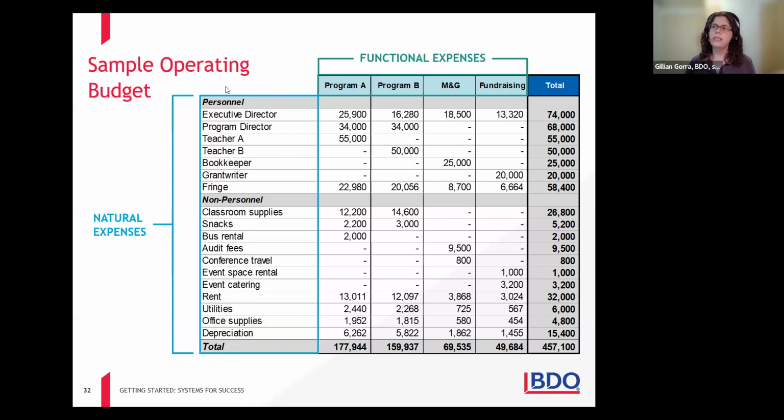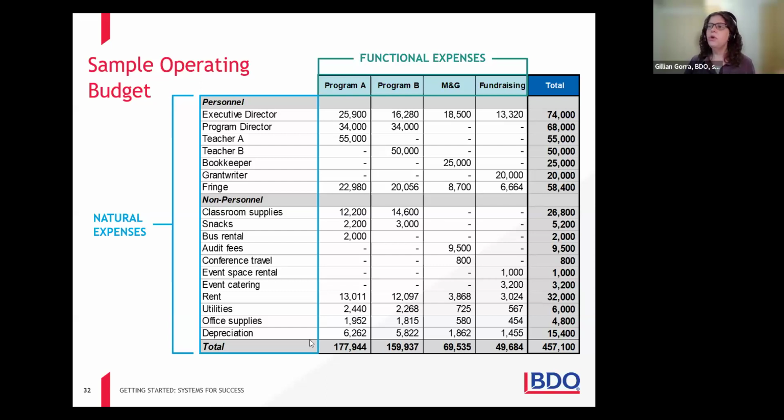And here we see things like salaries broken out by staff member. And we see non-personnel expenses too: supplies, snacks, transportation, things like that. We love this organization of your financial data and your budget and would highly recommend it. I'll show you why. It really allows us to start to understand the true cost of every program and whether each program is adding to the organization's bottom line or taking away from it.